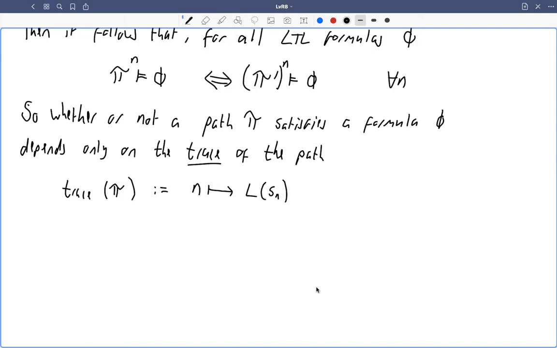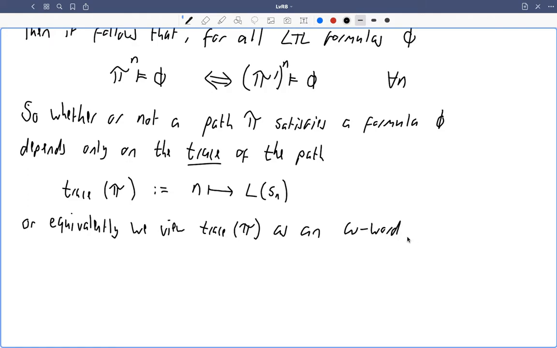Or equivalently, we can view the trace of pi as an omega word, that's an infinite word, over the alphabet the power set of atoms.